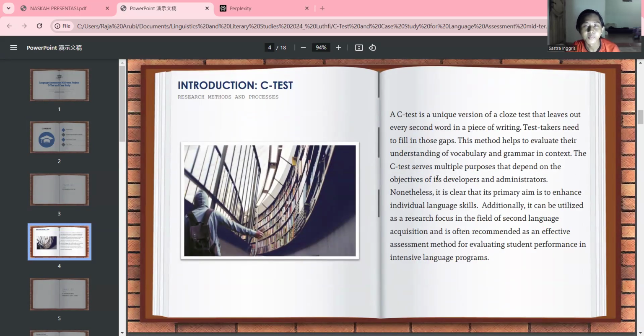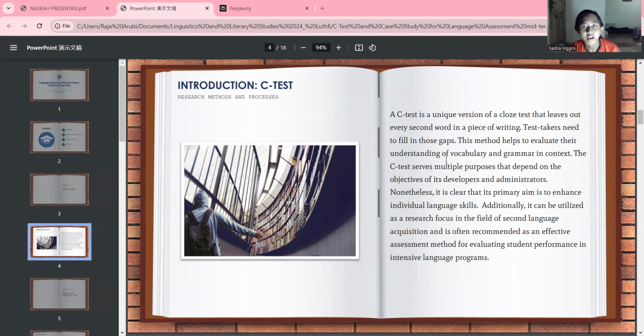C-test is one of the methods in a language assessment context. A C-test in the beginning was developed from the historical clause test. Now C-test is a modern version of the clause test, right? So in this definition, a C-test is a kind of version of the clause test that leaves out every second word in a piece of writing.